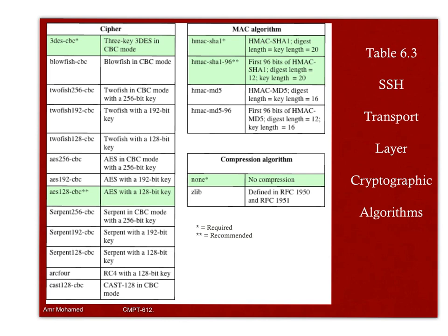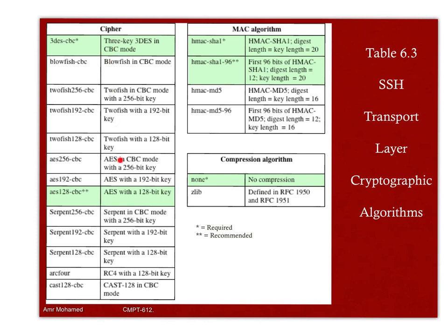So if your implementation does not support these green ones, this means that you're not compliant with the standard in any way. So these green ones are core and mandatory, and have to be part of the implementation. The white ones are optional. If your implementation does not include these white ones, that's fine. You can still comply with the standard.